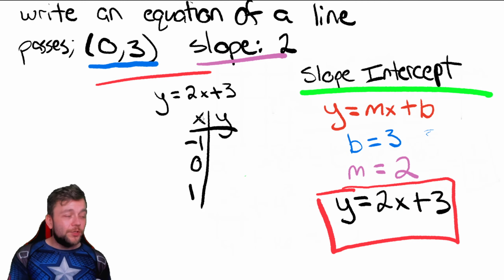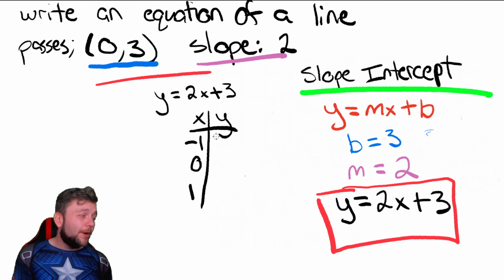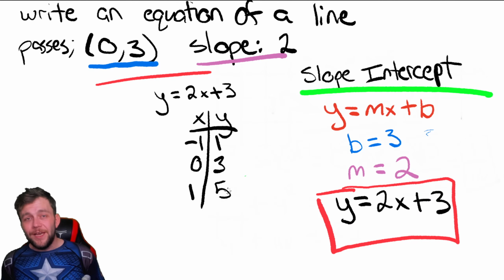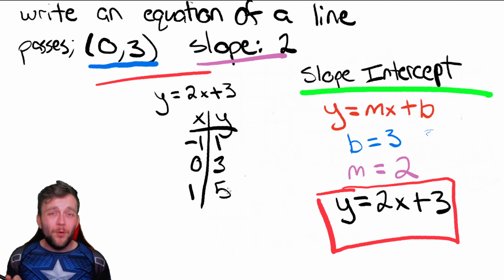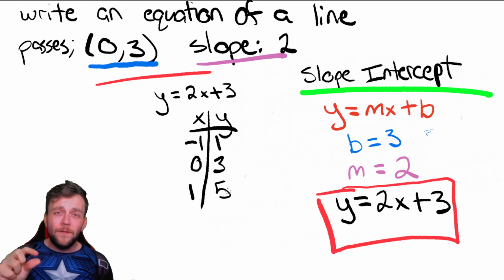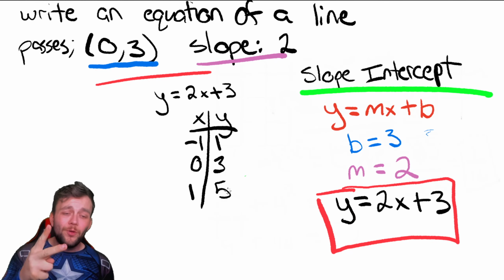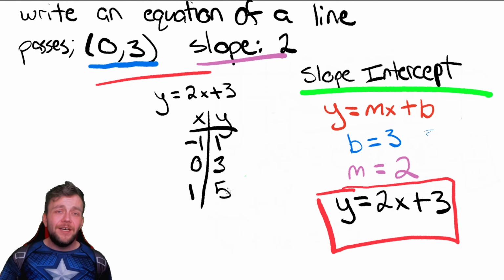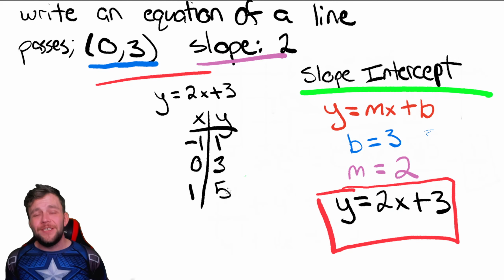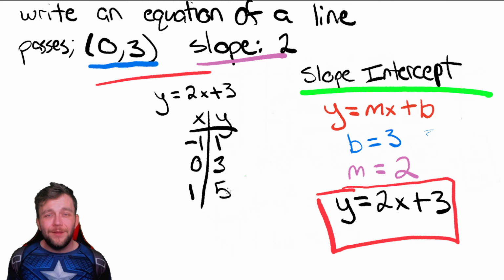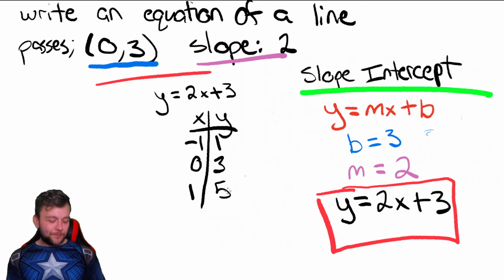If we do this really quick, 2 times -1 is -2, plus 3 is +1. 0 will give us 3. 1 will give us 5. Boom, we can draw this line. No problem. I always like 3 points. All you need to define the line is 2 points, but 3 points just makes it a little bit neater. You can draw things with your straight edge, no problem.